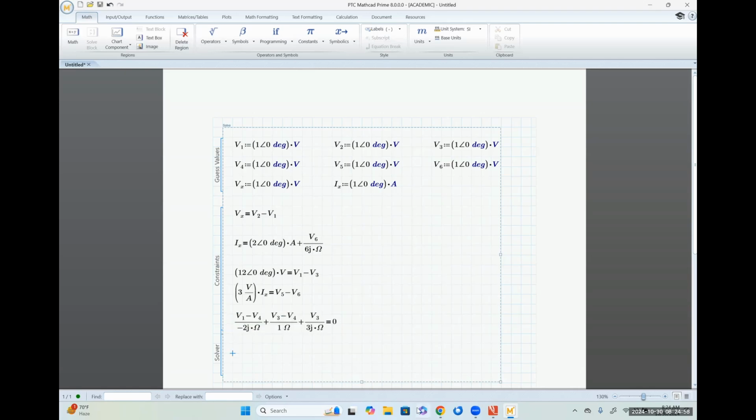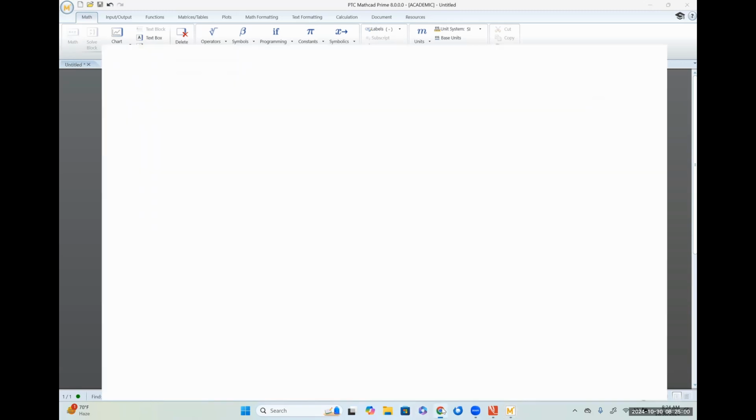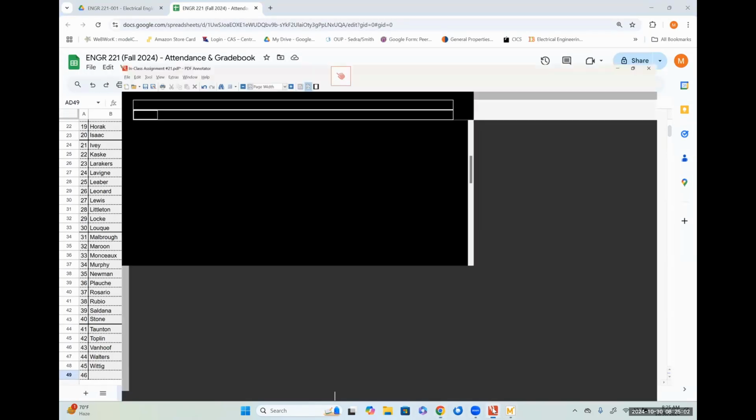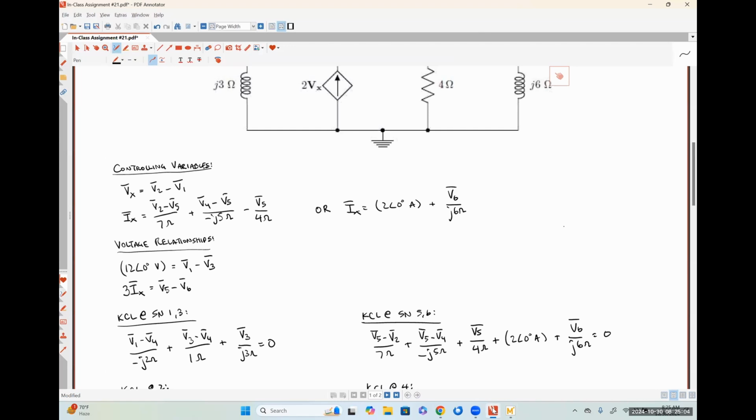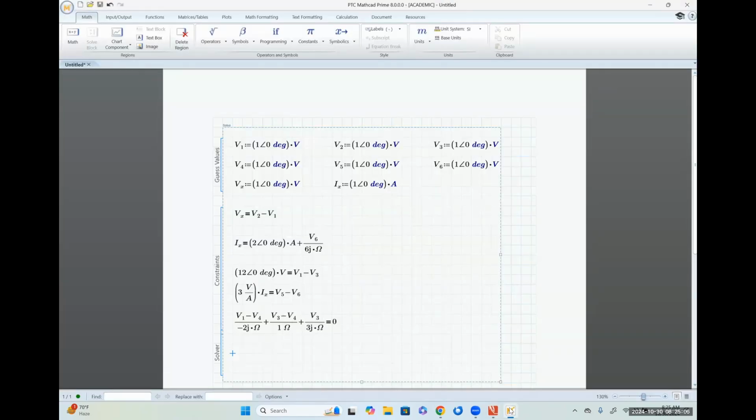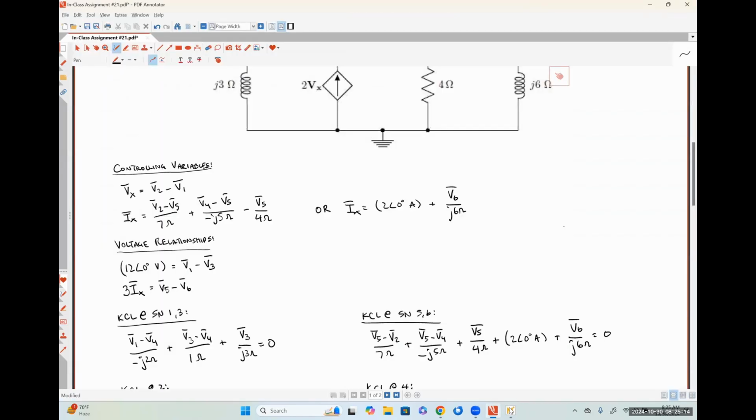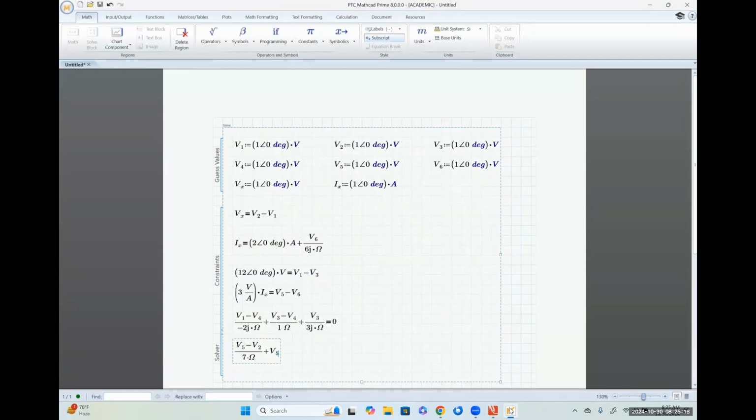My next equation is KCL at supernode 5, 6. So V5 minus V2 over 7. And then I have V5 minus V4 over minus J5.